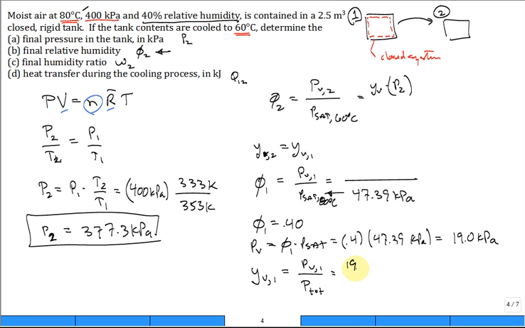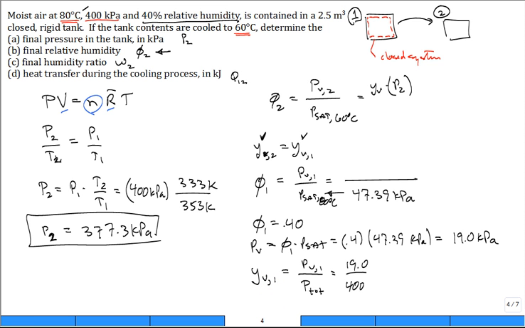So it's 19.0 divided by 400 kPa. True? Okay. Now, the mole fraction stays the same because you're not going to be condensing. The total pressure is going down. It went from 400 to 377 kilopascal.